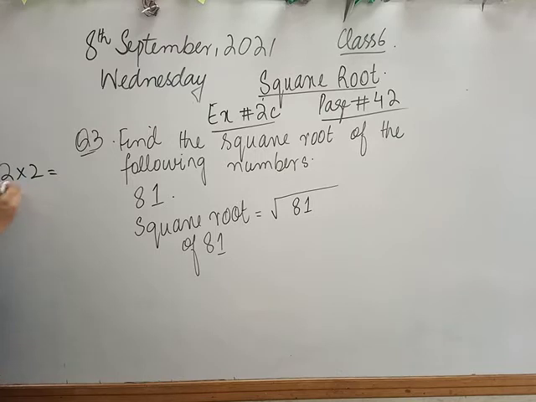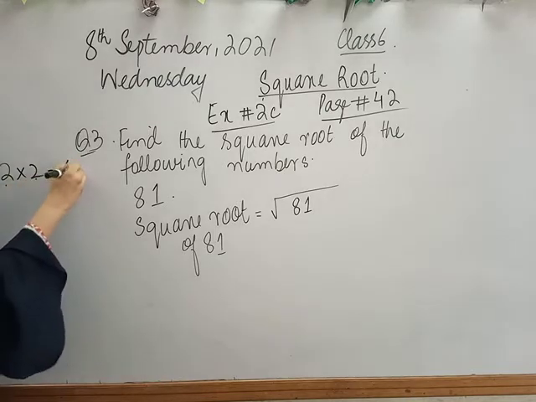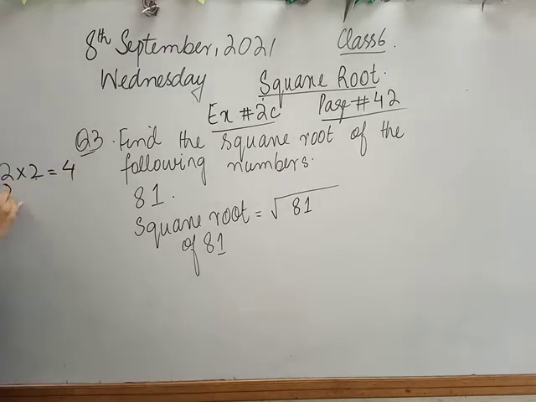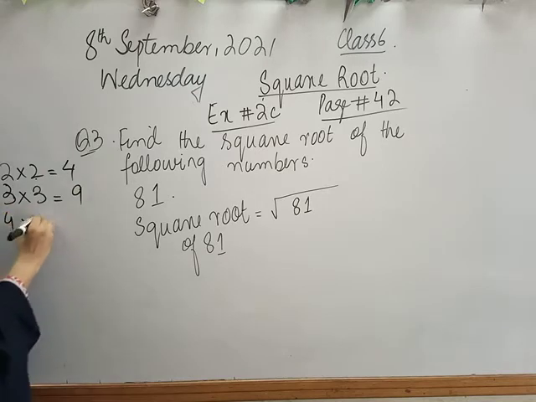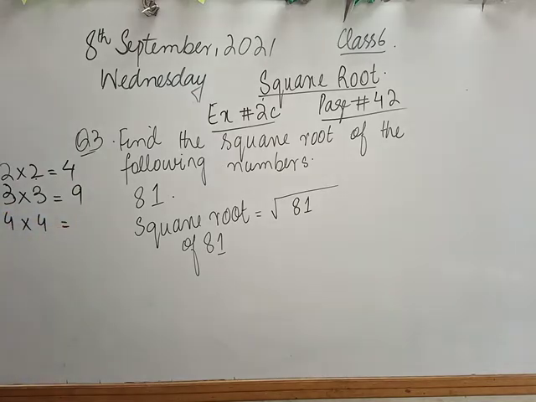As you know class, 2 times 2 is 4. Vanya, you tell me. 3 times 3. Very good. 3 times 3 is 9. 4 times 4. Who will tell me?